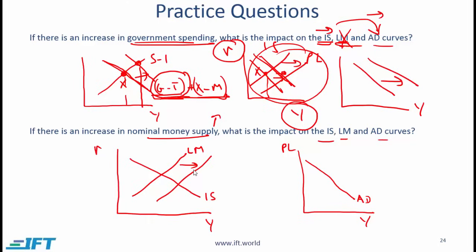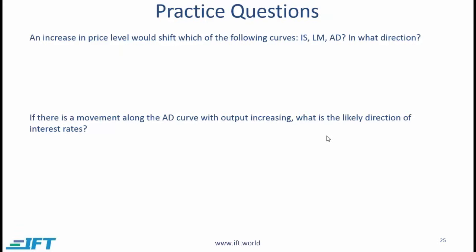Notice that if the LM curve shifts to the right, then at a given price level, our output or expenditure has increased. Since at a given price level, the expenditure has increased, we can say that the aggregate demand also shifts to the right. There is no impact on the IS curve.